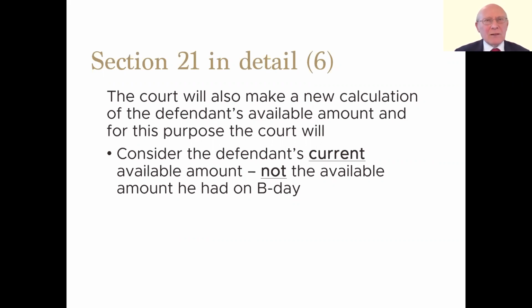That was known about, that was included in his available amount, and which he's now used to pay the original confiscation order. So he doesn't have that money in a bank account anymore. So when we're looking at his current available amount, it might well be less than the available amount he had when the confiscation order was made. So just bear that in mind. In the section 21 reconsideration, we're considering his available amount now, today.